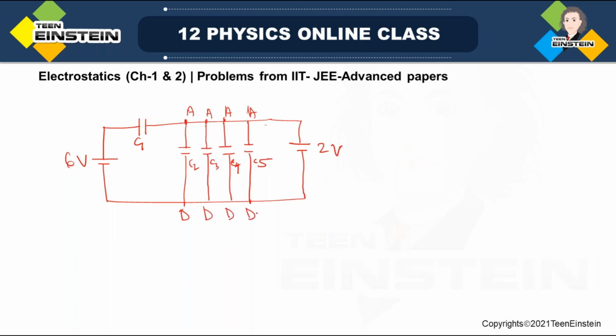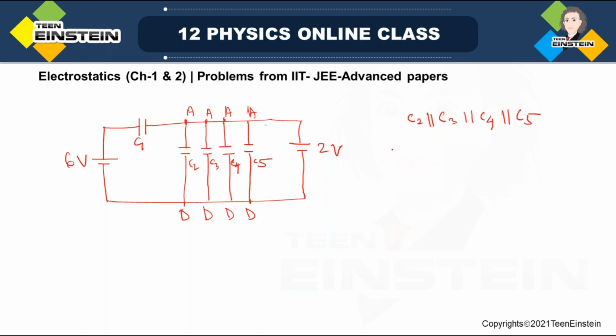All right. That means what? I have to replace the 2nd, 3rd, 4th and 5th capacitors. This C2, C3, they are actually in parallel combination. Okay. So C2 parallel to C3 parallel to C4 parallel to C5.